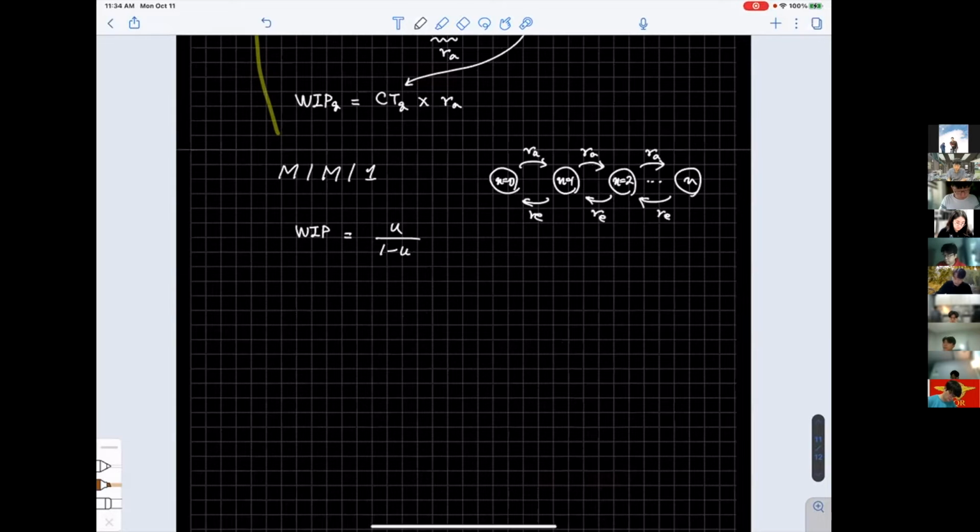We have studied this induction, so I'll not go into detail today. Anyway, the starting point of this calculation is WIP. And from this WIP, we can calculate CT with this relation.